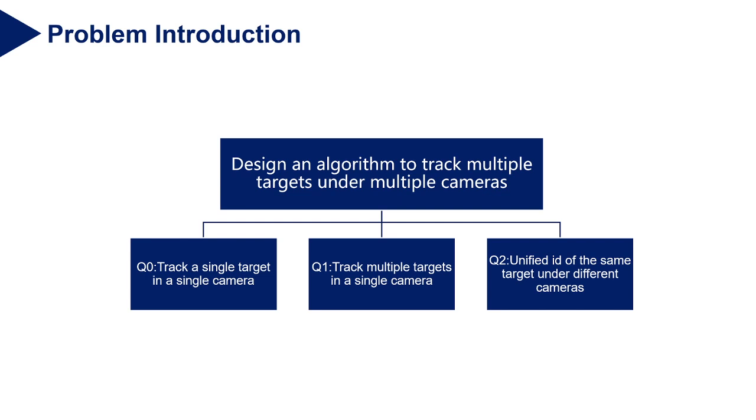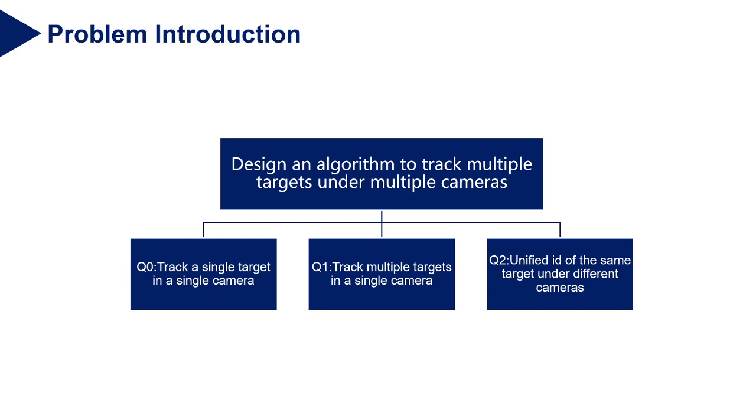Because in different cameras, even the same object has a different pose with respect to the camera and a different distance to the camera, it results in different sizes.